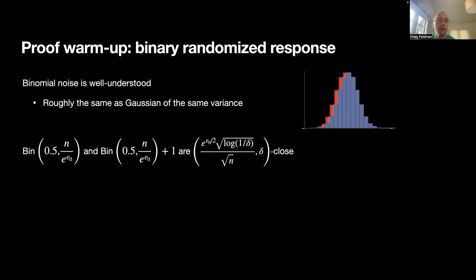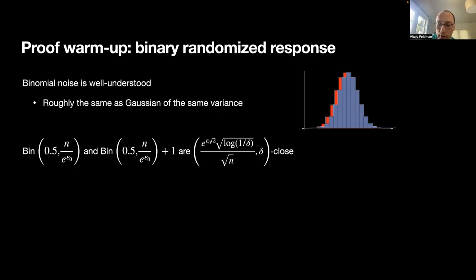So if we add binomial noise, the divergence between the binomial noise and binomial noise shifted by 1 has this divergence, which in terms of differential privacy will have this correct dependence, e to the epsilon over 2 divided by square root of n.